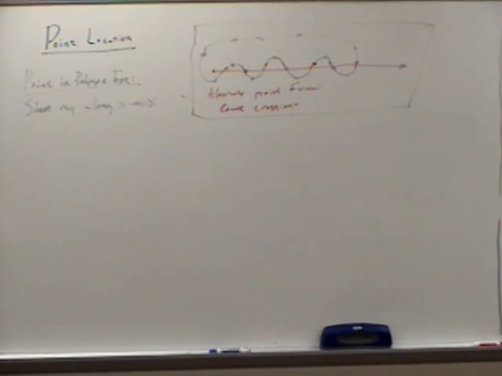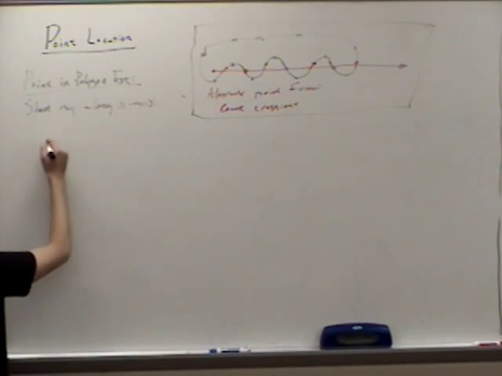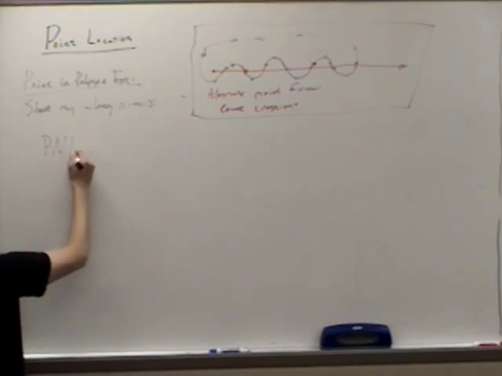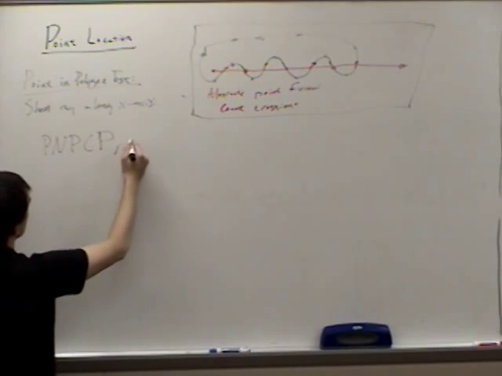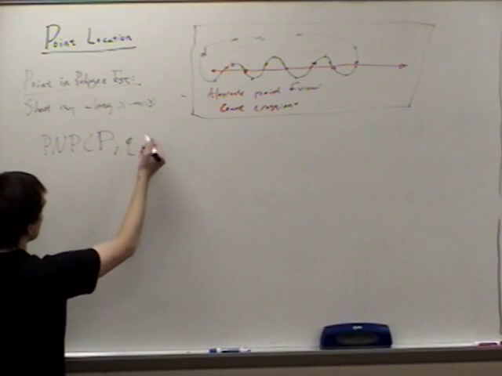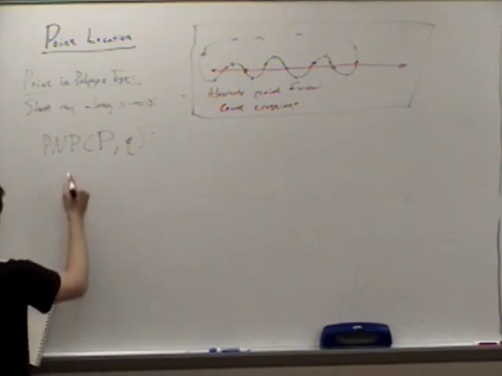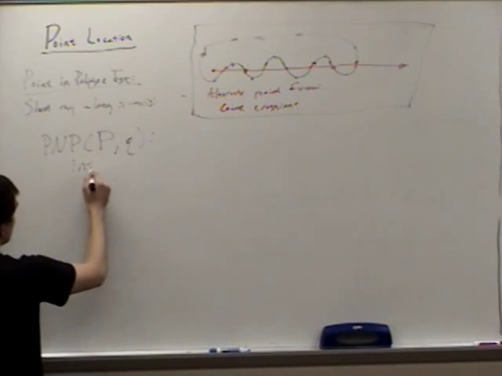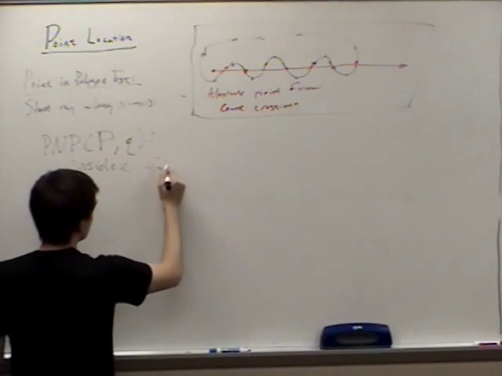All right. So how do we do that? We'll call this routine PNP for point in polygon. We'll start with a polygon capital P, and we'll take a point Q for a query point. Initially, we're going to set this flag inside to false.